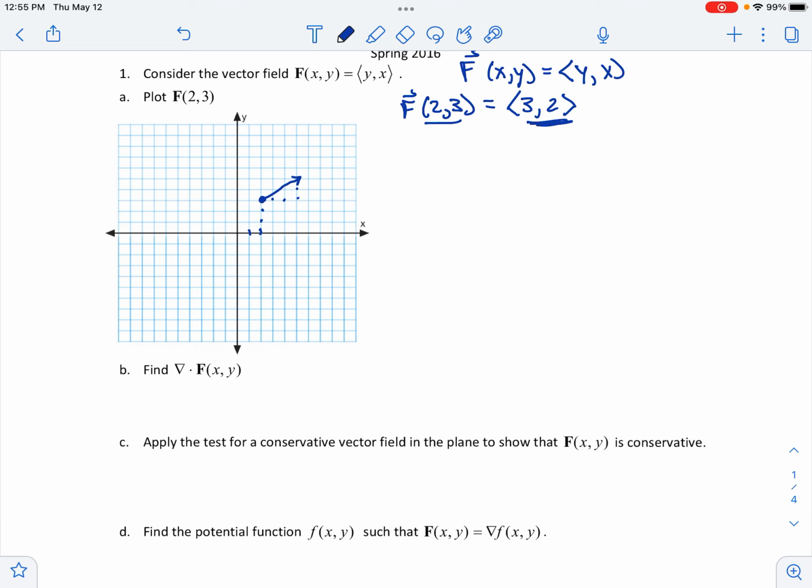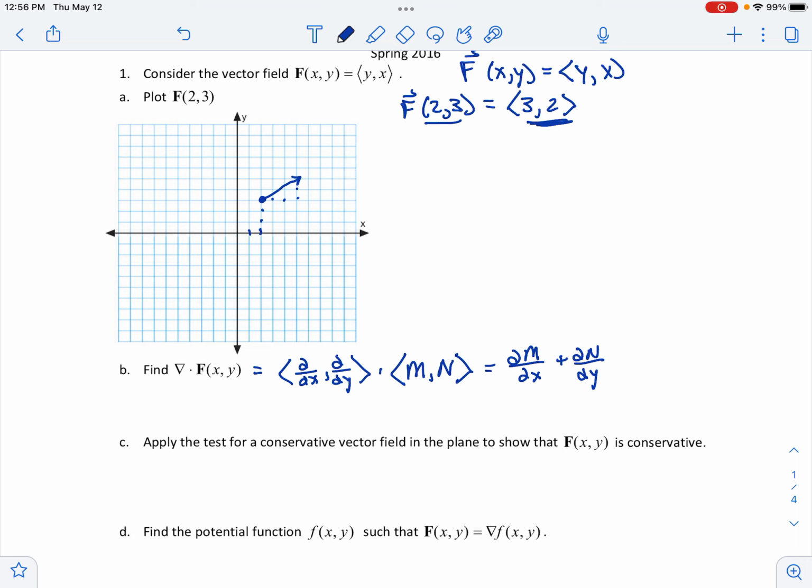Now, the next thing we have down here is the divergence. So, in other words, notice that this is going to be partial with respect to x, partial with respect to y, dot, if this here is two-dimensional, so it would be mn. And the way we interpret that, remember, is partial m with respect to x plus partial n with respect to y.